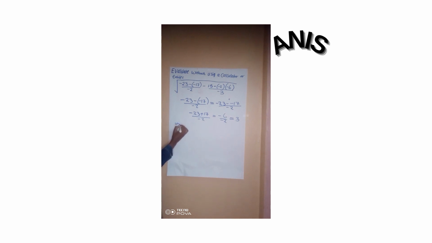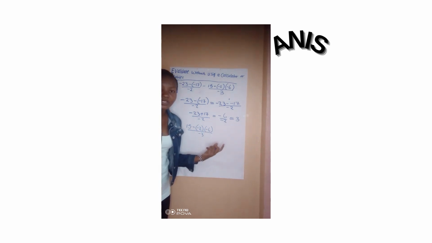We have 15 minus negative 2 into bracket negative 6, everything divided by negative 3. Again, we have negative 2, which is into brackets, and negative 6. Whenever we have two brackets following each other, and we do not have any sign or any number between the two brackets, then it means we multiply the values within the two brackets.